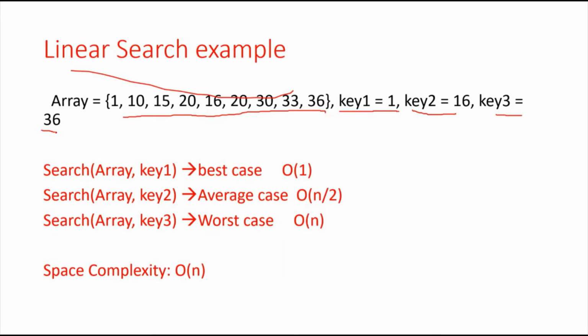First of all, we find key 1. For this operation, what will we do? We will iterate over the array. Simply we will iterate over the array. We will do linear search.